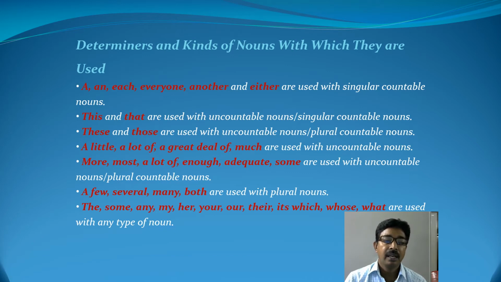And a few, several, many, both are used with plural nouns. And the, some, any, my, her, your, our, their, its, which, whose, that are used with any kind of nouns.